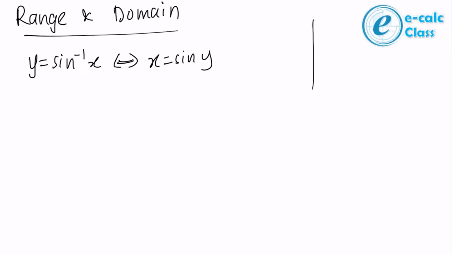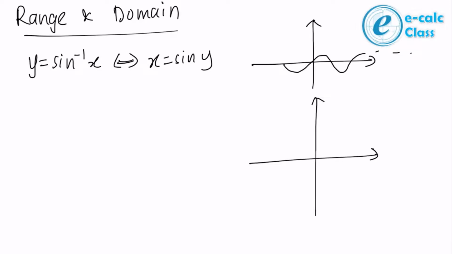Because we know that a trigonometric function is periodic, it is actually like this, right? Continuing. If we reflect it on y equals x without restricting the domain, it will be something like this, which is a one-to-many function, which we don't want.